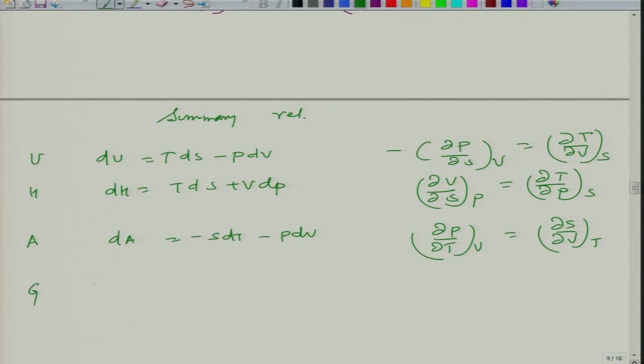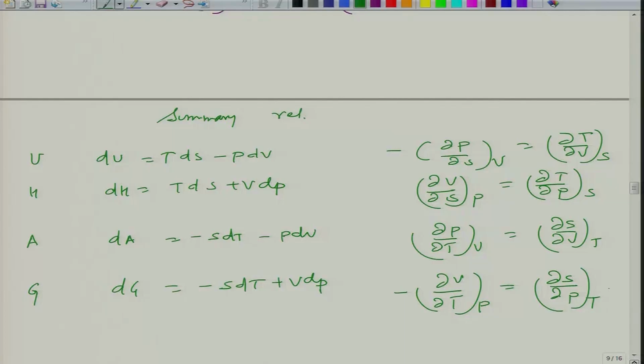And finally we have G, dG = −S dT + V dP, and this gives −(∂V/∂T) at constant P equal to (∂S/∂P) at constant T. So, these are the 4 important relations which we have.